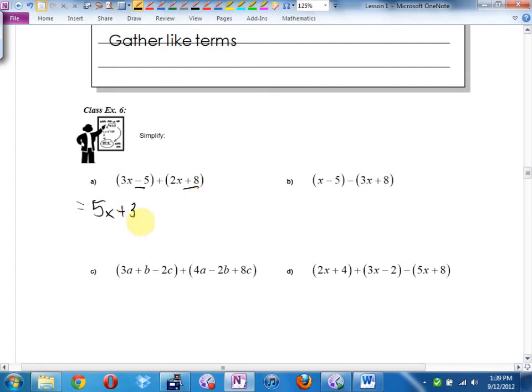How is B a little bit different from A? Do the brackets matter in B? The second one, because that's not an invisible 1. What's in front here? Actually, a negative 1. Or you can just say, I need to distribute the negative. Really what we're doing is this, x minus 5 minus 3x minus 8.